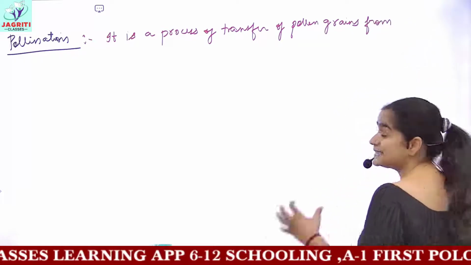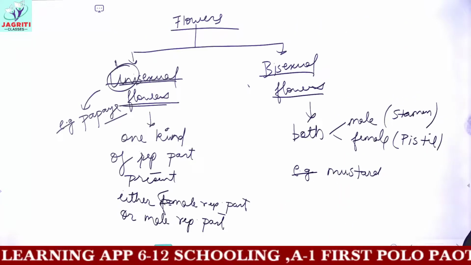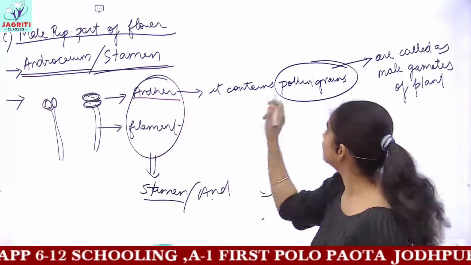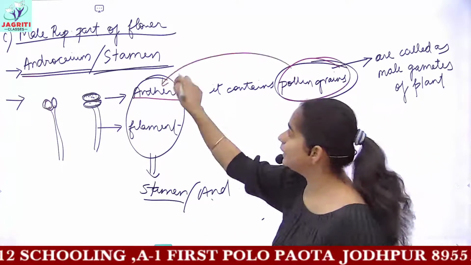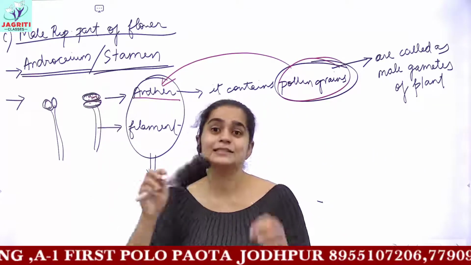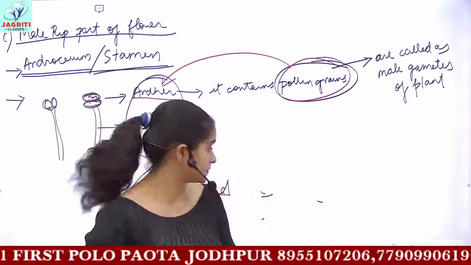From where? Pollen grains are present where? If you remember, we have pollen grains inside the anther. So anther contains pollen grains, and pollen grains are microscopic tiny structures which may have different shapes.